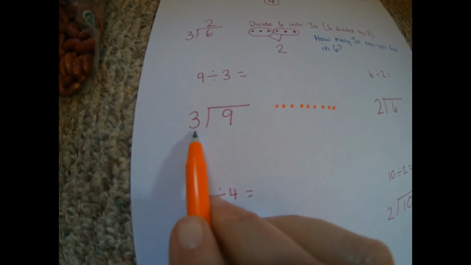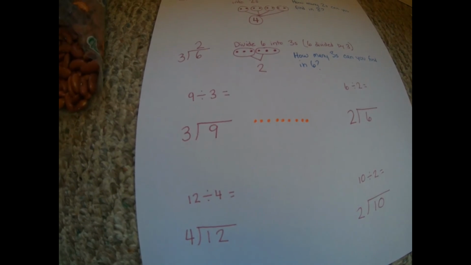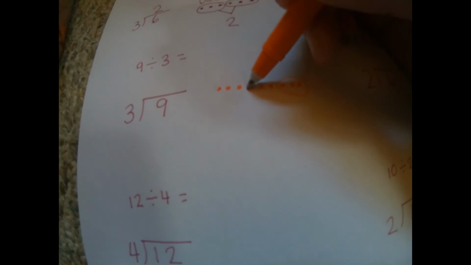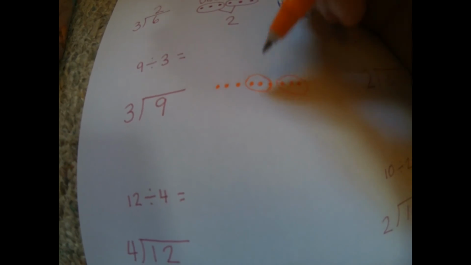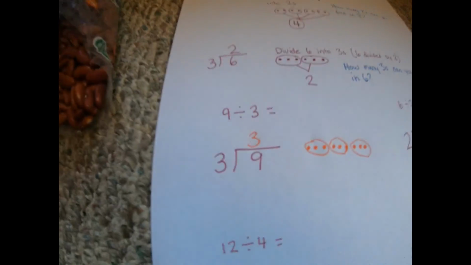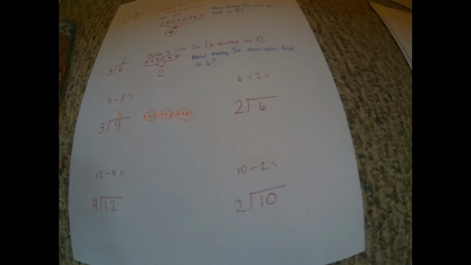We're going to find how many 3's there are in 9. Let's circle them. 1 3, 2 3's. Whoops, I didn't circle that one all the way. 3 3's. There are 3 3's in 9, so 9 divided by 3 is 3.